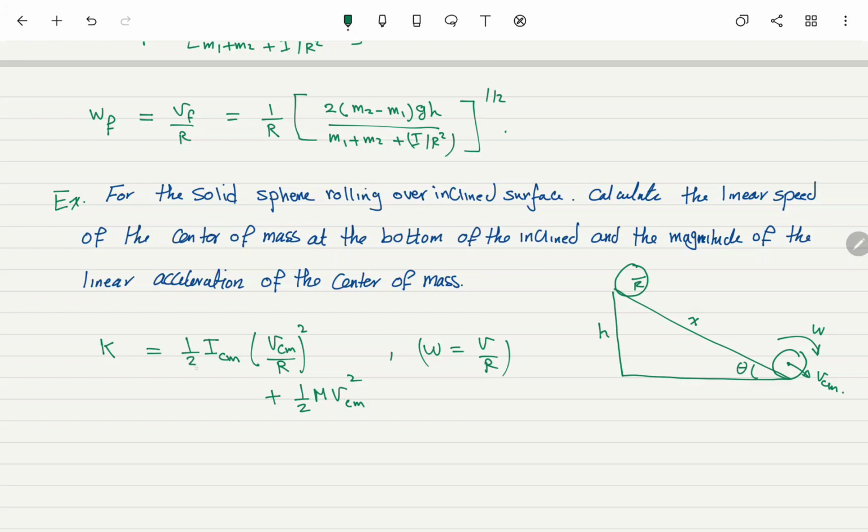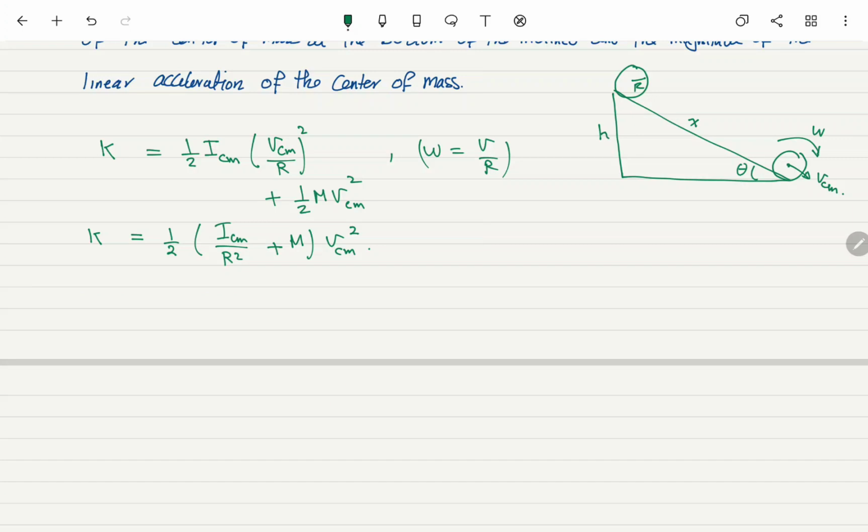So the rotational kinetic energy, it's equal to half I omega square, and the translational kinetic energy, it's equal to half m v square. So in total, K here, it's equal to half times I center of mass divided by r square plus m v center of mass square. Now this one here is actually at the bottom of the inclined surface. At the top of the inclined surface, we only have potential energy, no kinetic energy whatsoever.